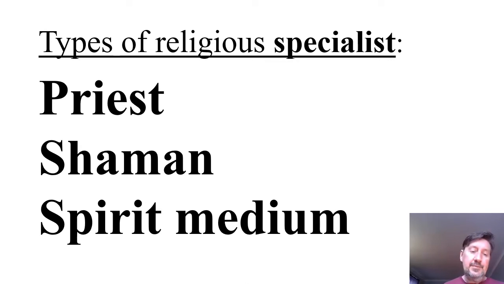A shaman is a person who communicates with and also exercises some direct control over unseen spirits. This is usually done for the purpose of asking those spirits to help heal people who are sick.